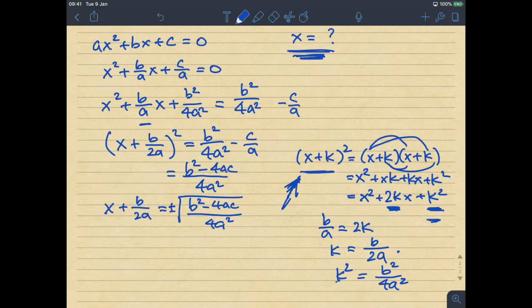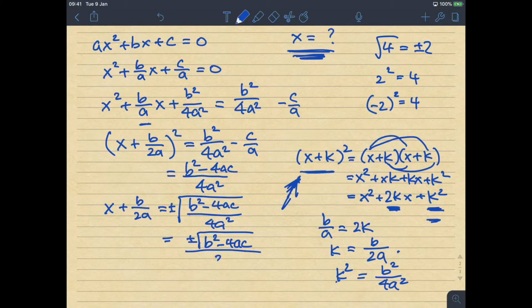We need to make sure that we add a plus or minus, because minus 2 squared is equal to 4, and 2 squared is also equal to 4. So when you say the square root of 4, it can be either plus 2 or minus 2. Now rewriting this once again, because the denominator 4a squared, you can actually square root it to 2a, so we can simply write plus or minus the square root of b squared minus 4ac at the top, all over 2a.